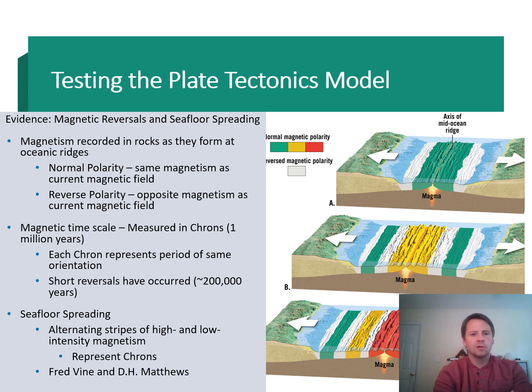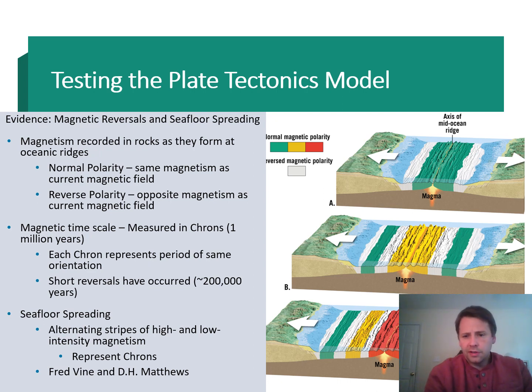But one thing we also learned is that the polarity of the Earth's magnetic field changes over time, right? About every million years or so, the magnetic field of the Earth switches. So north becomes south and south becomes north. It's just our magnetic poles, not the geographic poles. Those are going to stay. It's just that magnetism will change.